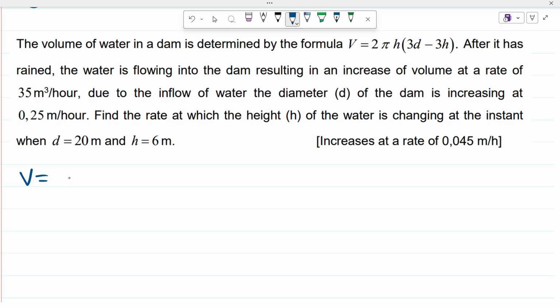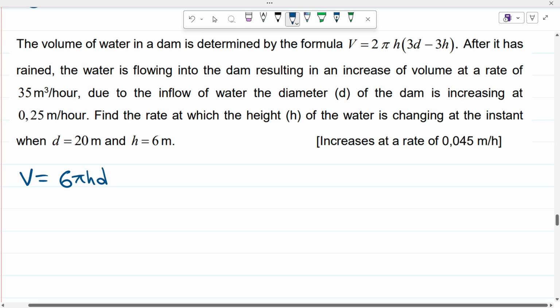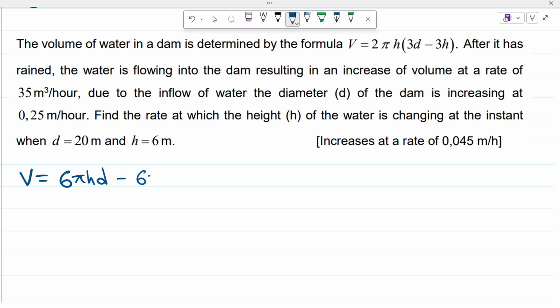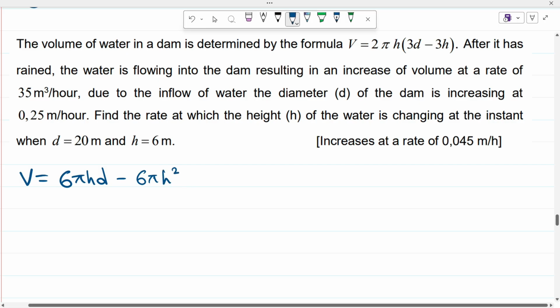To avoid that, we'll get 6 pi hd minus 6 pi h squared.